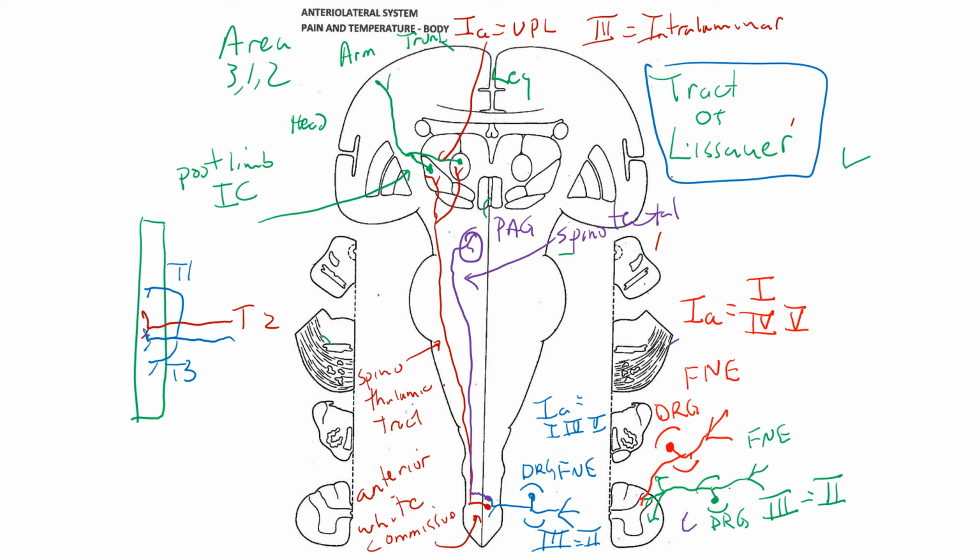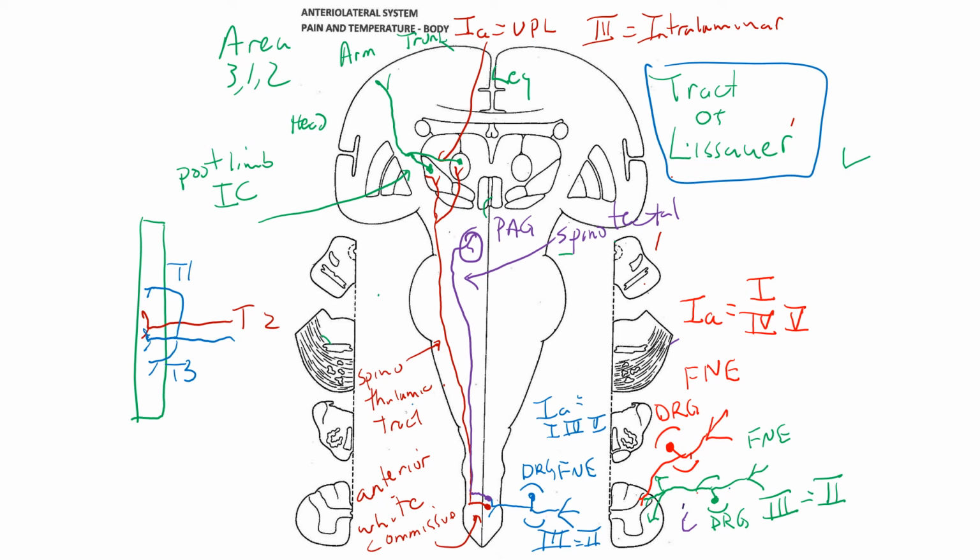And then finally, we have the pathway associated with the autonomic nervous system response, which was the spinal reticular tract. This tract is also going to use the first order neuron that all the other systems use.